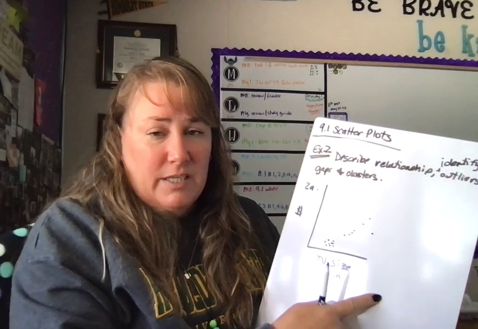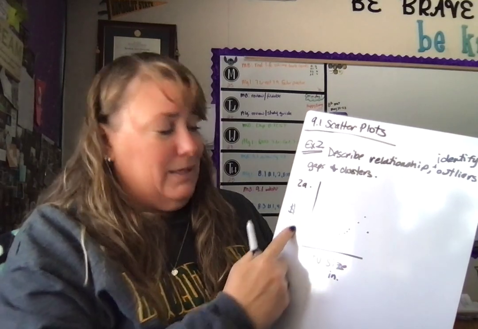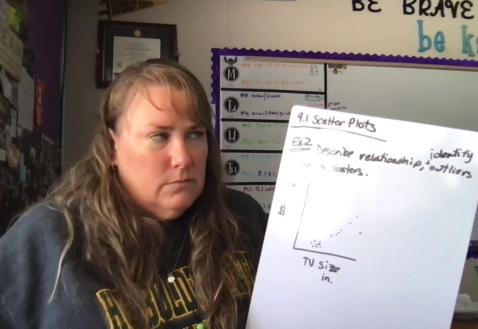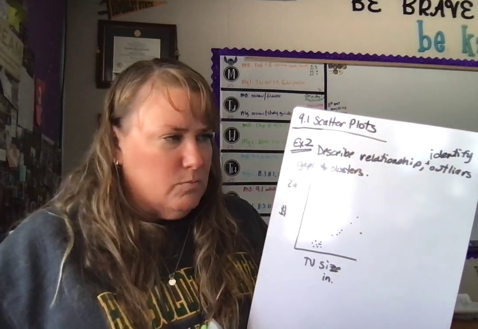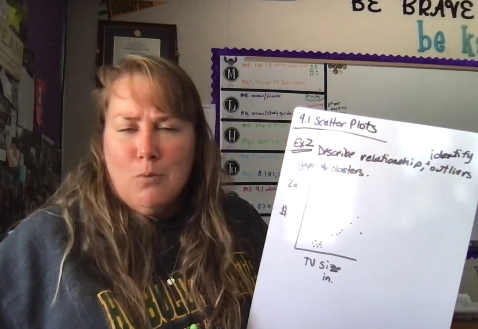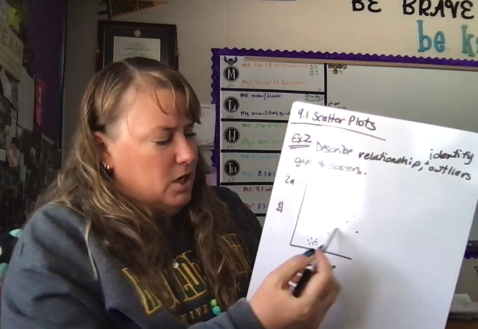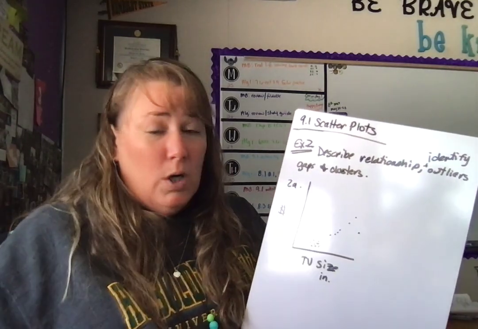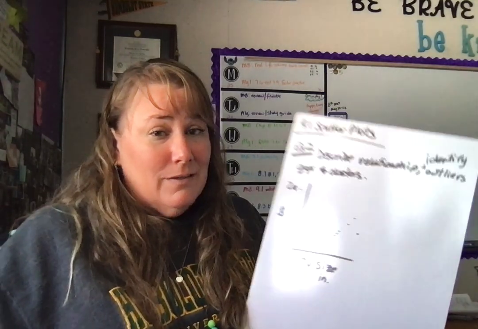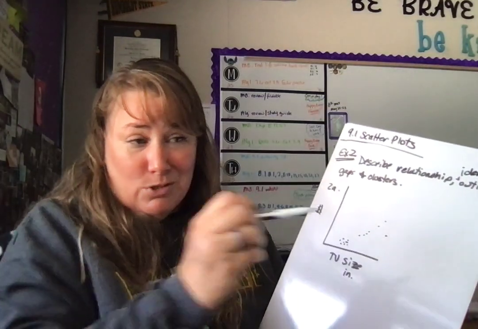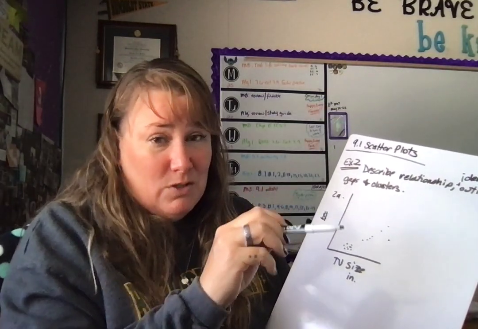As the size of the TV increases, what do you think is going to happen dollar-wise? I hope you said it's going to cost more. Yeah, because the bigger it is, the more money it costs. Is that always the case? No. Okay, so relationship. Does this look more like a line or more not like a line? Remember, I'm not really making sure you see this because I want you looking in the book. I keep pointing over here because that's where my screen is.